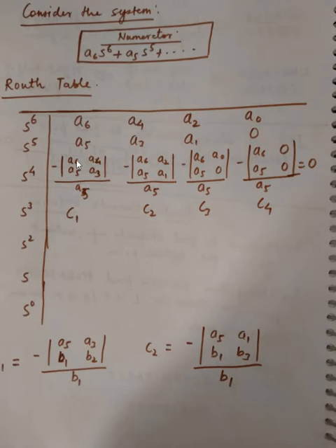The first two rows will form the determinant. The two entries above, A6 and A5, become the first column of the determinant, and the second column will be the entries right next to them, so A4 and A3. You take the negative of this determinant and divide it by the entry directly above, that is A5. So that will be the entry at this cell of the Routh table.